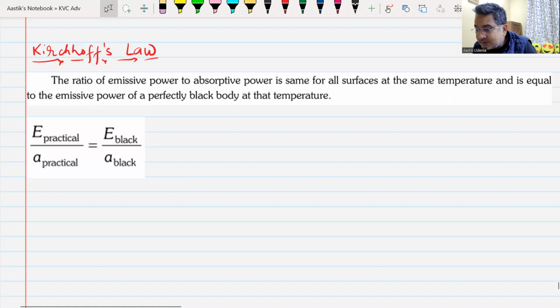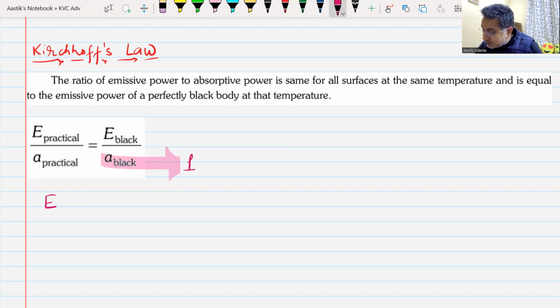So this is what Kirchhoff's law says. E by A is constant, and E by A is always equal to E by A for a black body. But we understand that the absorptive power for a black body is always equal to 1. Yes or no? Yes, sir.